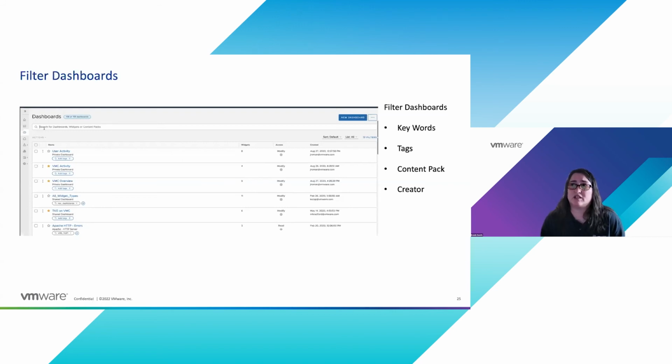You can filter these dashboards based on keywords, tags, content packs, or the creator. A use case for this would be, if a specific team needs to view a set of dashboards, you can tag those dashboards and allow them access.